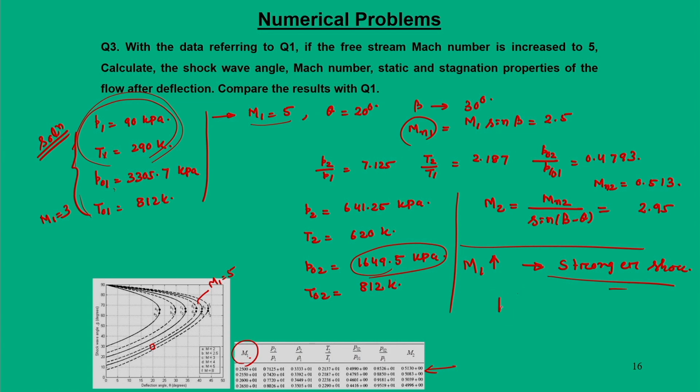P naught 2 drops, P2 and T2 increase. So, this gives a quantitative estimation of how, by controlling the parameters of Mach number and theta, we can control the oblique shock properties.